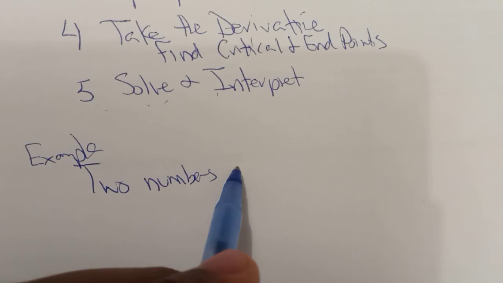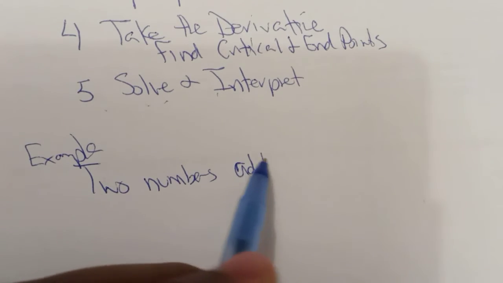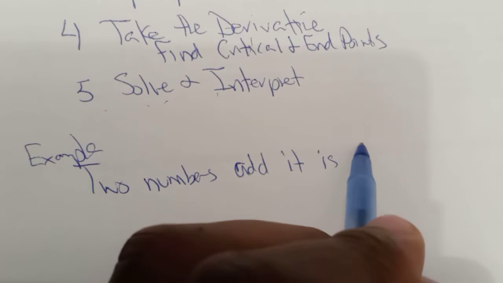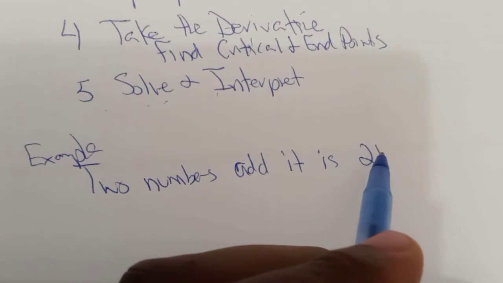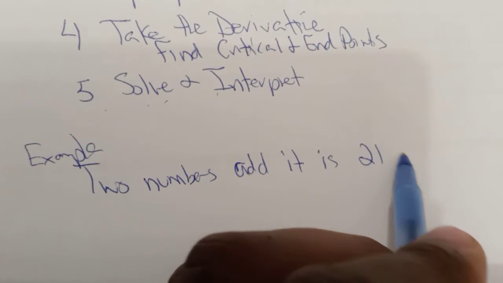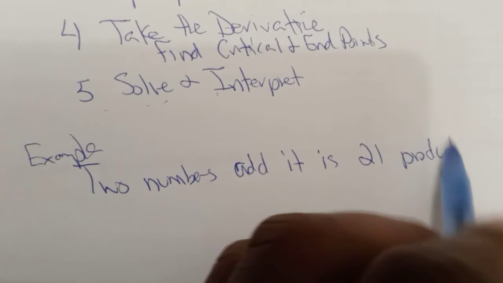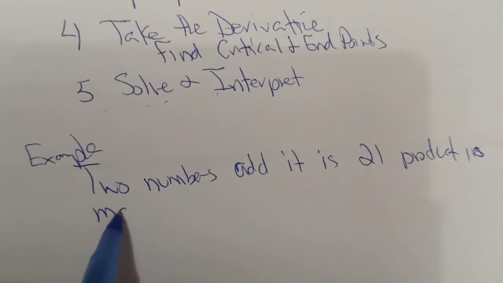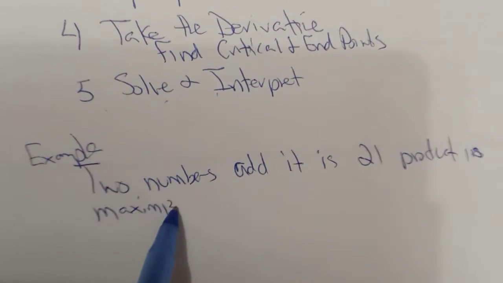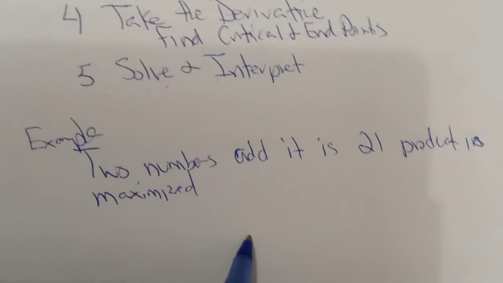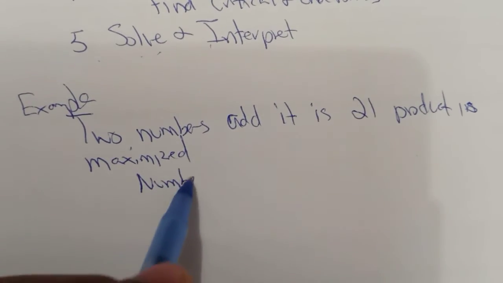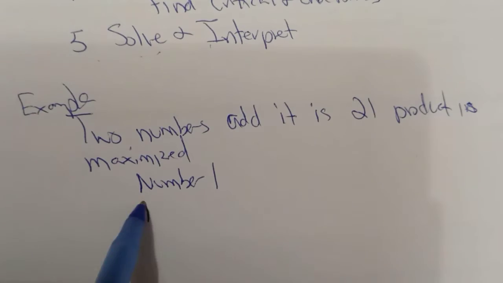When you add, it is 21. And when the product is maximized. Okay, so I have two numbers. I've got number one and number two.